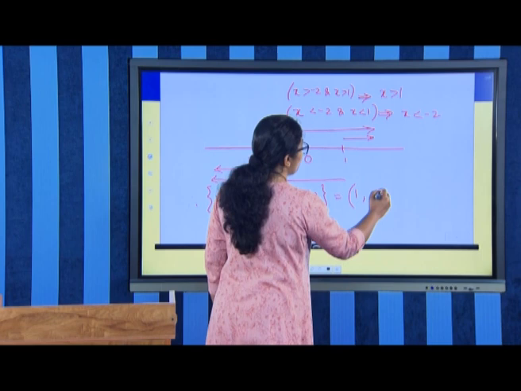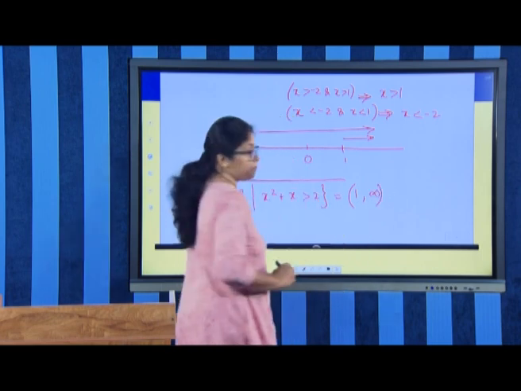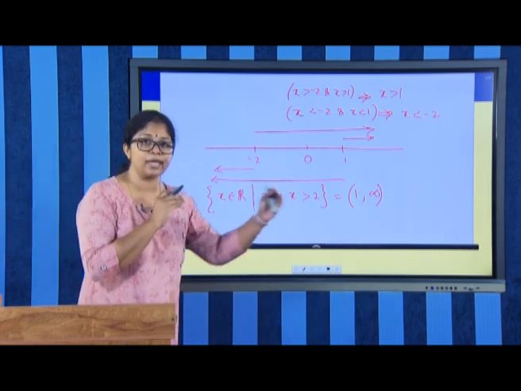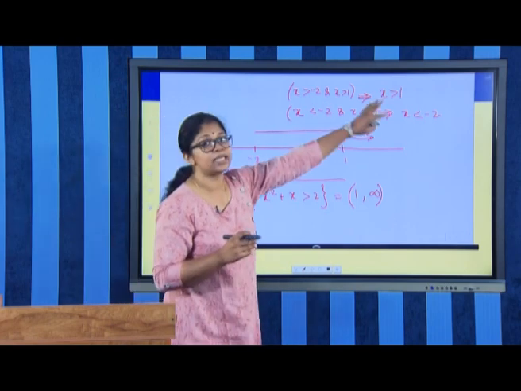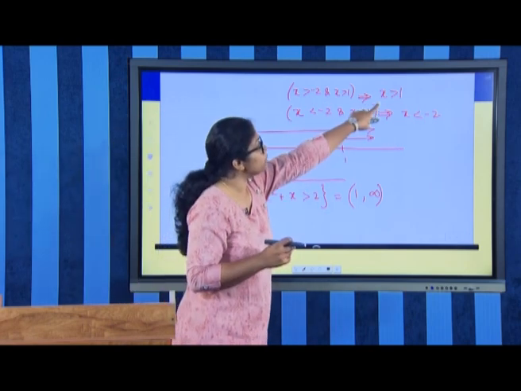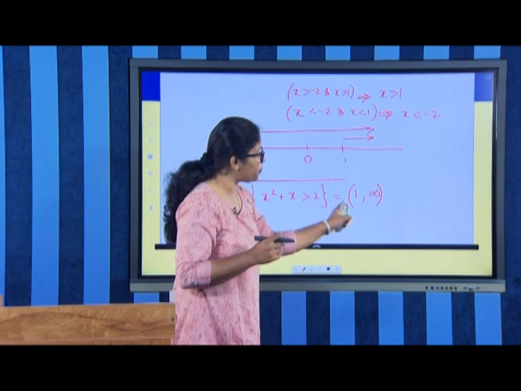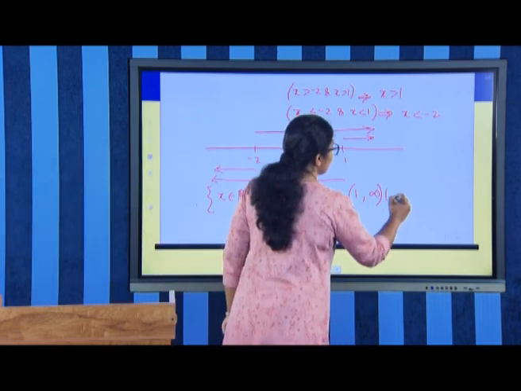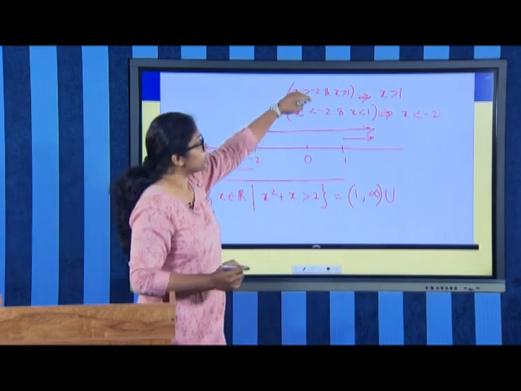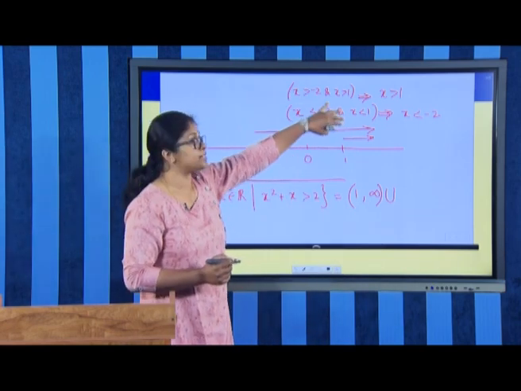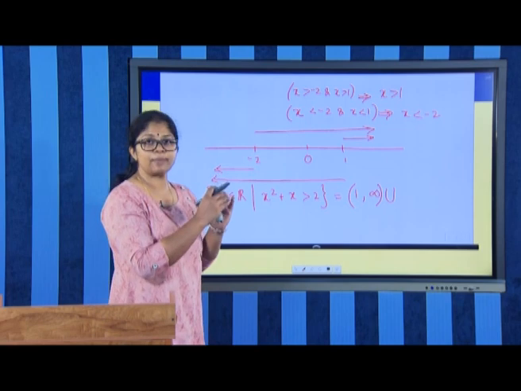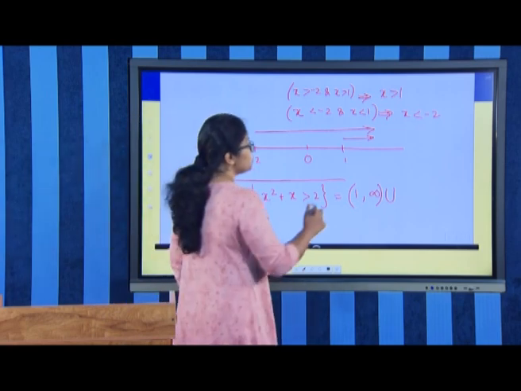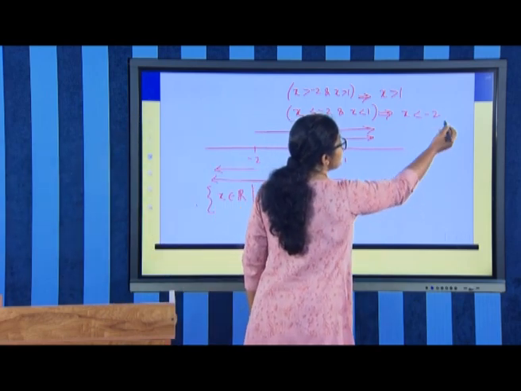That means we have 1 up to infinity, because it consists of all the real numbers which are greater than 1, and because it is only greater than, we have an open interval here. Union, because it is an OR, this condition or x is less than minus 2. So, whenever OR comes, you will take the union. So, union x is less than negative 2.